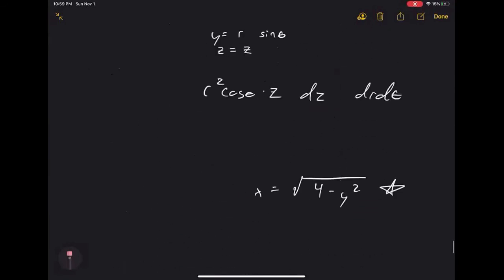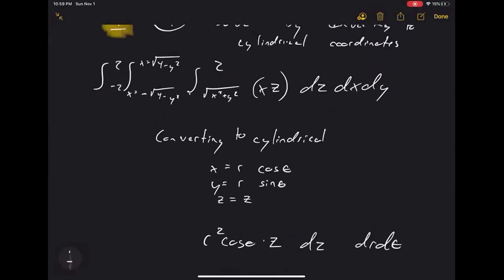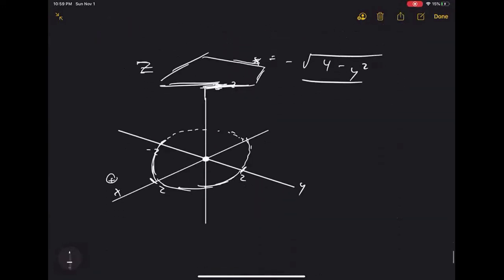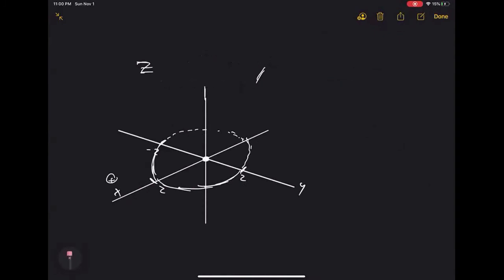Well, think about this as z equals the square root of x squared plus y squared. And then again, let's get rid of that square root.